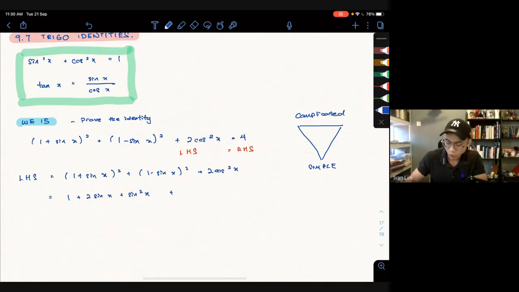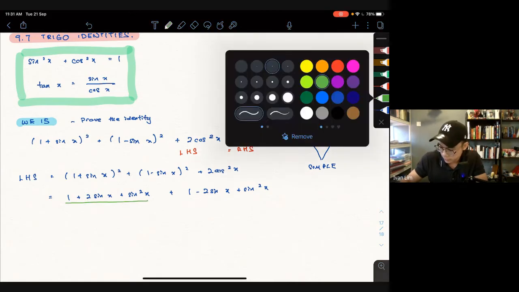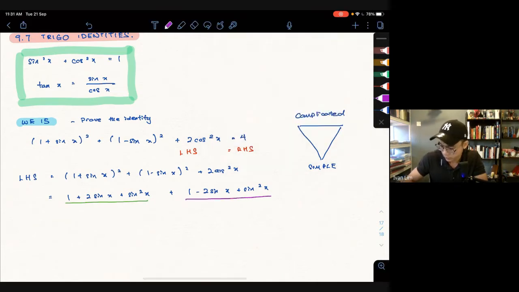Second one, a minus b square can be written as 1 minus 2 sine x plus sine square x. Okay, maybe I put it like this, then you are clear. Purple. Okay, so this is the second term, how we expand. Then plus 2 cos square x, we can just leave it.